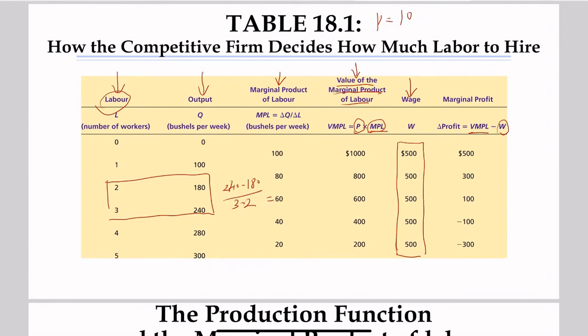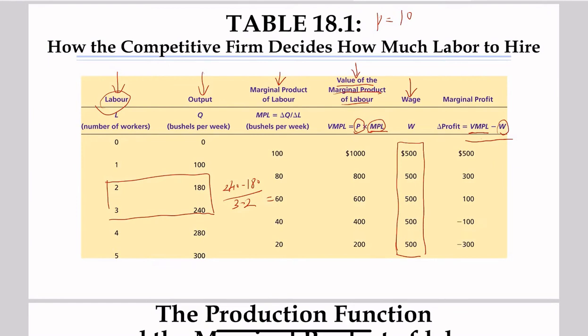So you can see that intuitively, value of marginal product minus wage gives you the marginal profit. Here, the economic definition of marginal profit is the firm's additional profit from hiring one additional worker, right?